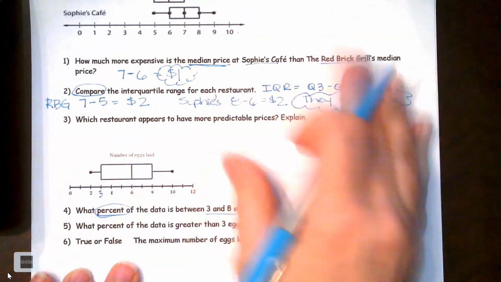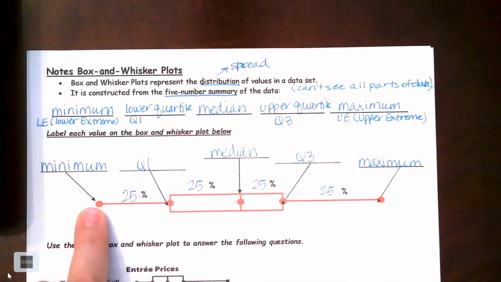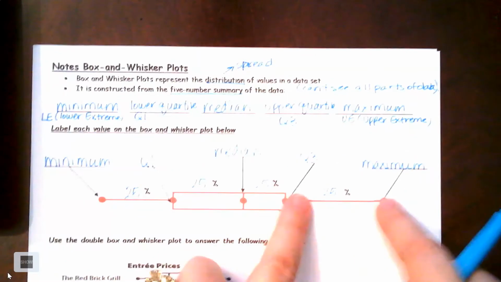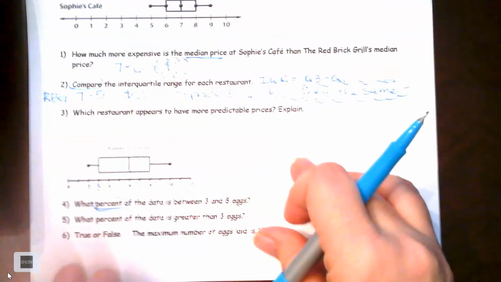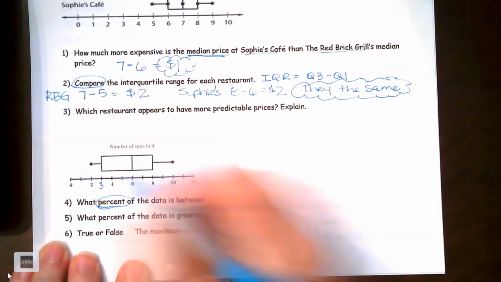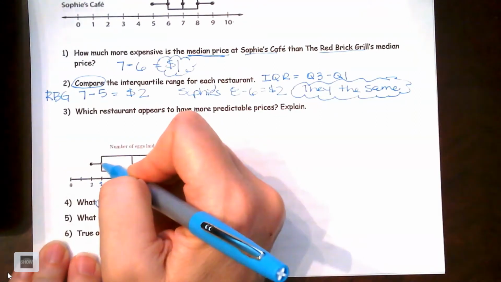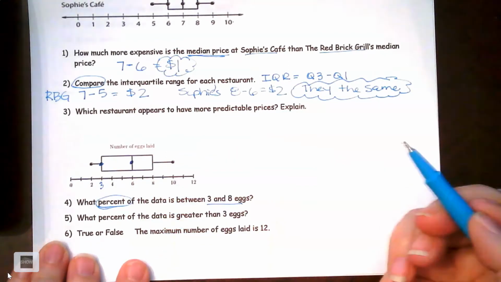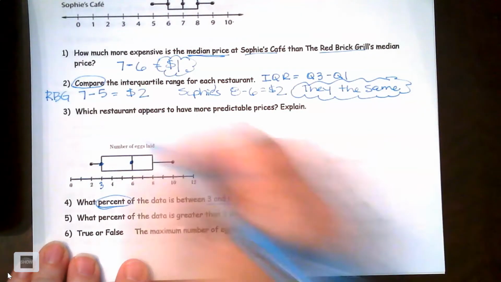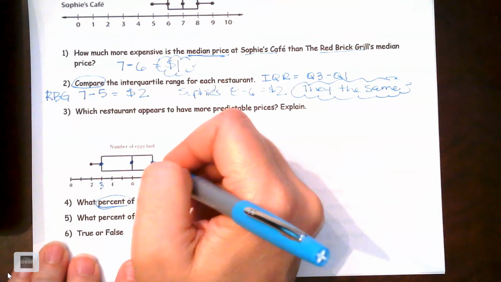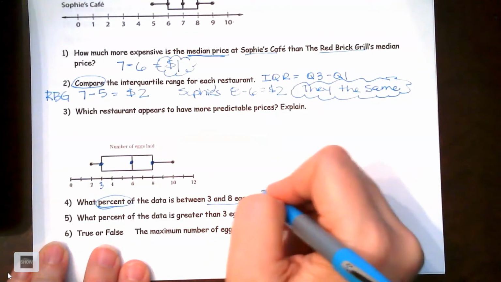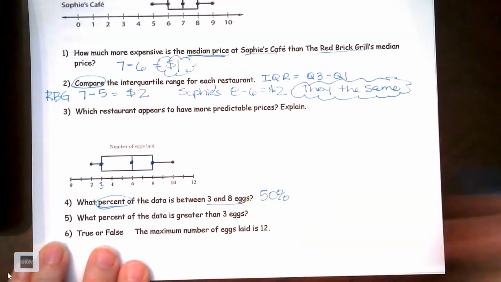Each section, remember from the top, is 25, 25, 25, 25. So when we look at this one, we are going from here, and if it bothers you that there are no points, you can put the points, to here, and then to here, which is 25 and 25, so that would be 50% of your data.